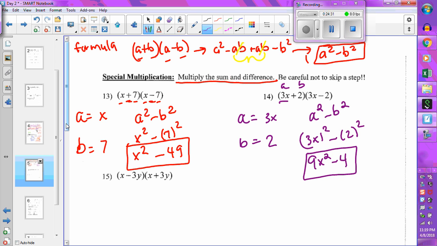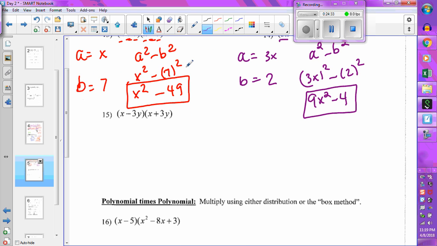Sorry. All right, let's go on to this one. I'm going to use blue. All right, so the exact same thing. Let's label our A. Let's label our B. Remember, our A and our B. So our A is x. My B is 3y.